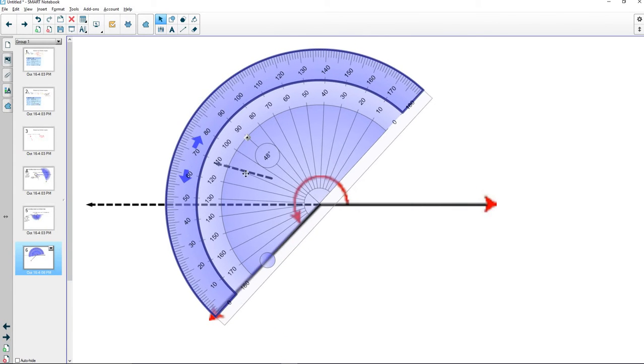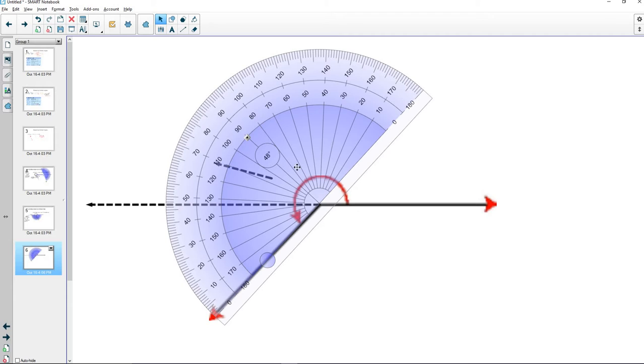Okay, this time I'm going to use the outside, so the clockwise going degrees. So let's have a quick look here. 180 plus 45, 46, 47, 48.